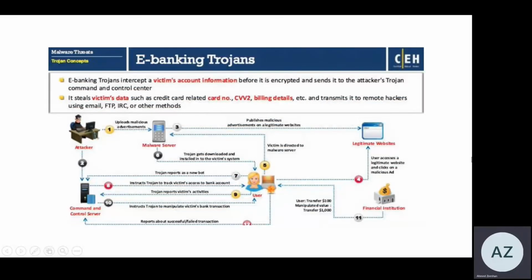The attacker can upload any advertisement over the internet, and he has been working on the command and control center, where he would be evaluating and analyzing all these roles and processes that he's going to be working with. Then he publishes these advertisements on legitimate websites.